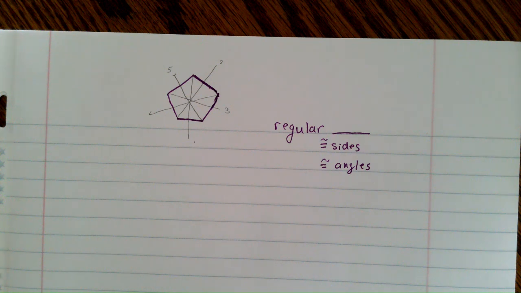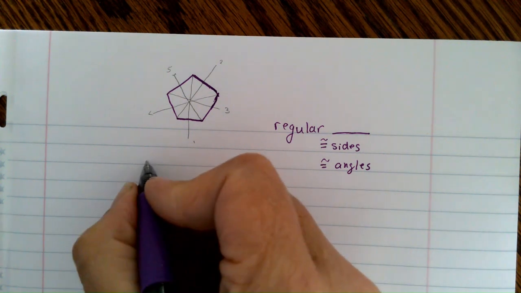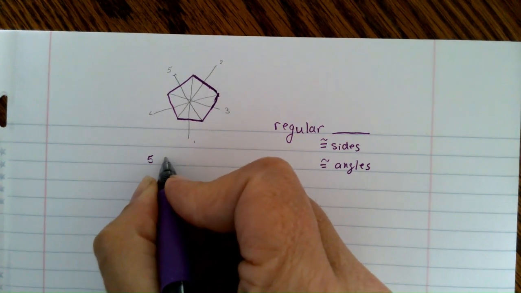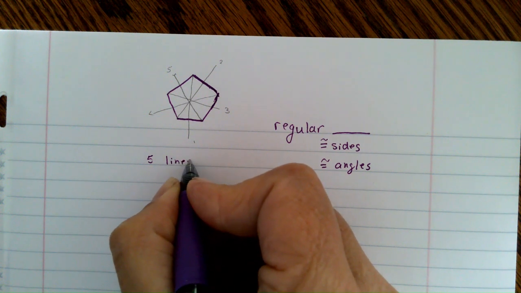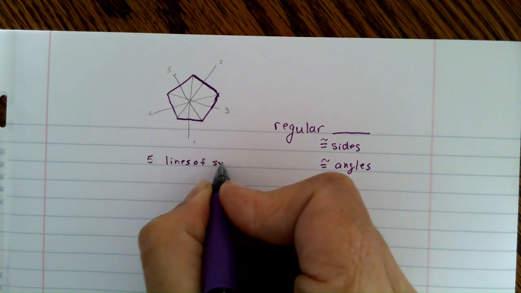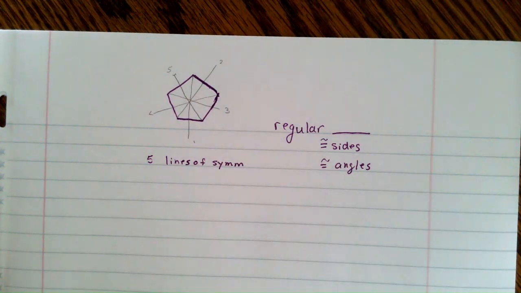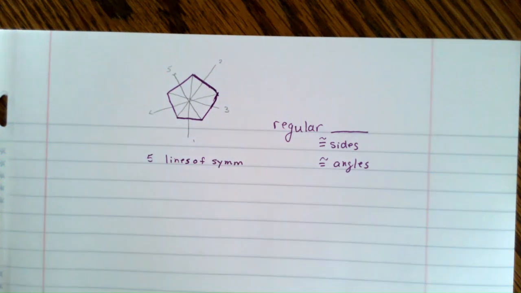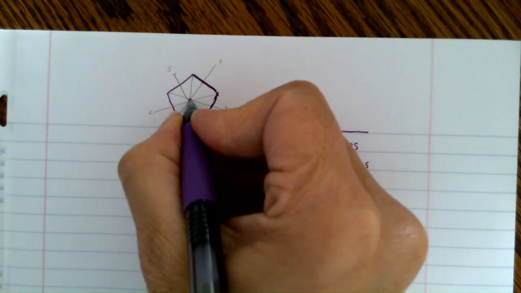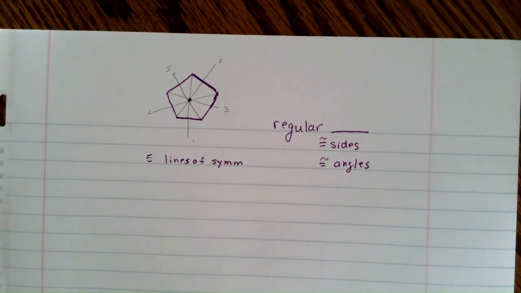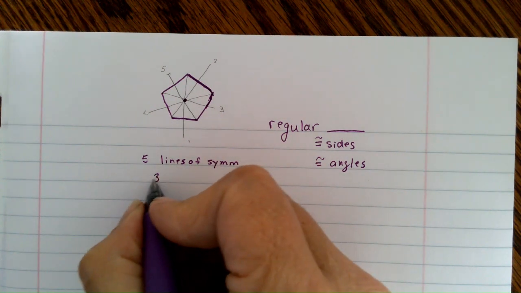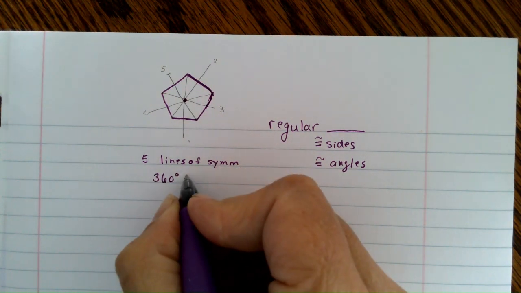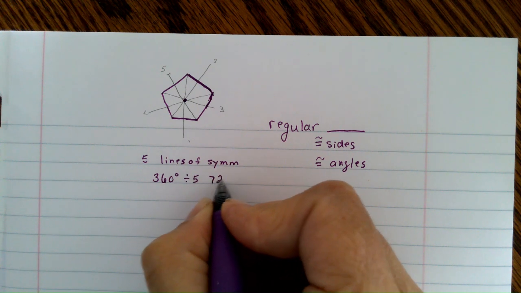Now, this one happened to also, besides the 5 lines of symmetry, have 5 points of rotational symmetry as well. Because you could rotate around this simple point here in the middle, and we would get rotation. So if I take 360 degrees, which is a full circle, and I divide it by 5, I get 72 degrees.